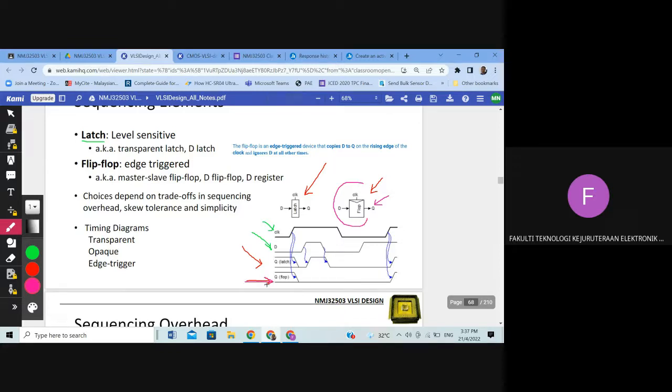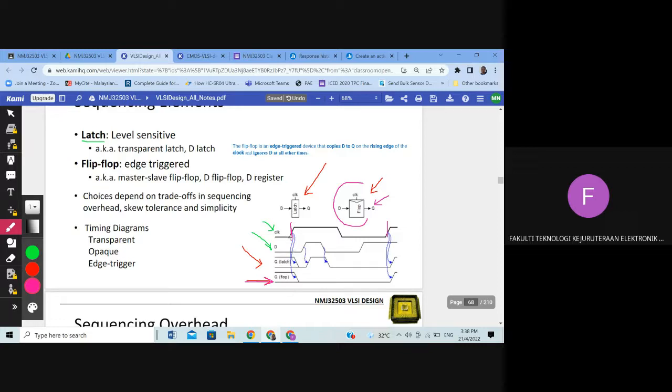This is the input. So the input is low on the rising edge of the clock, which is this one. And this is another rising edge of the clock. These two are the triggering edges that will copy D to become the output.